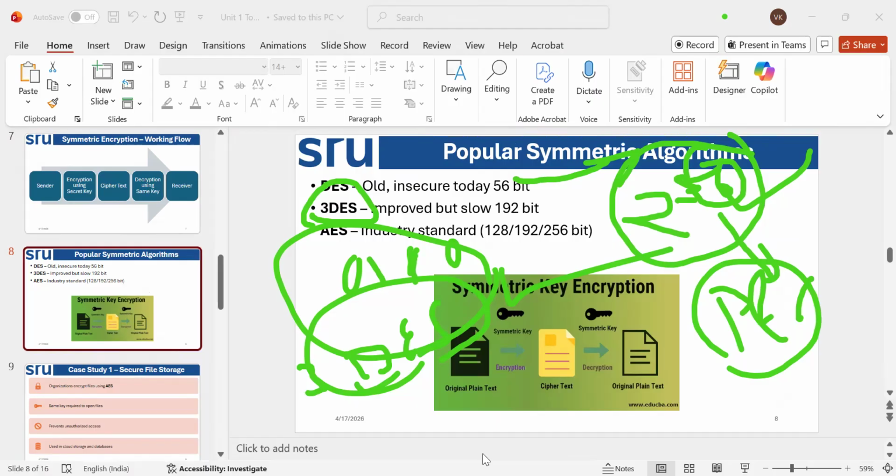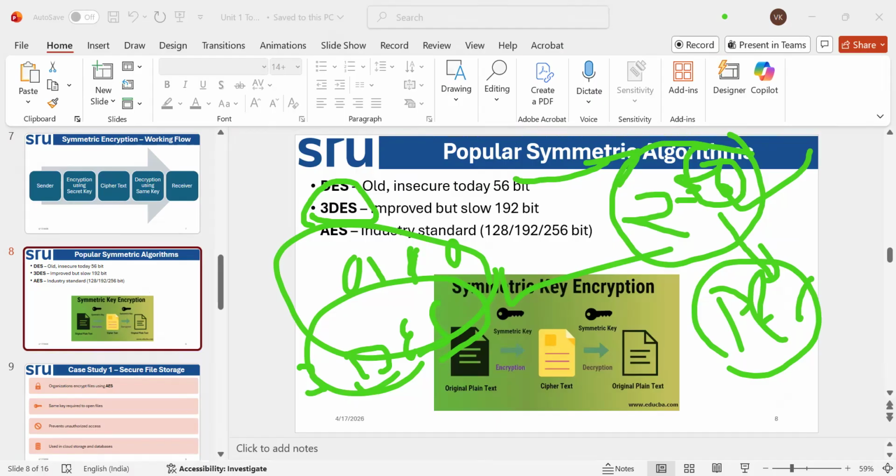That means we are using the 56-bit keys 3 times, so 3 distinct keys. 3DES applies the DES algorithm 3 times, typically using distinct 56-bit keys.